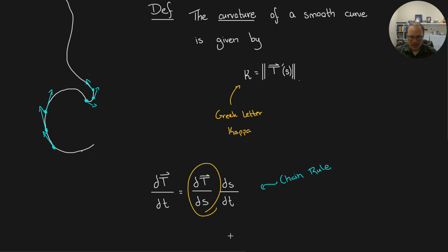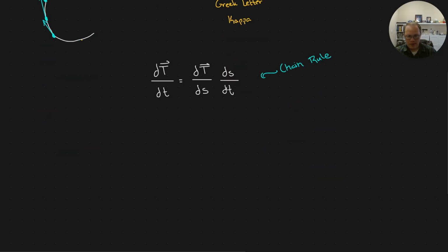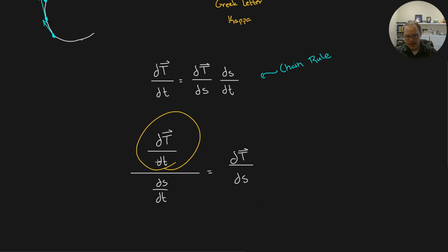So let's isolate this in the expression by dividing both sides by ds/dt. So dT/dt divided by ds/dt is dT/ds. Now this is looking a little nicer because up here, I just have to find the derivative of the unit tangent vector with respect to some arbitrary parameter t. I don't have to go to the arc length parameter, but I still have this down here.